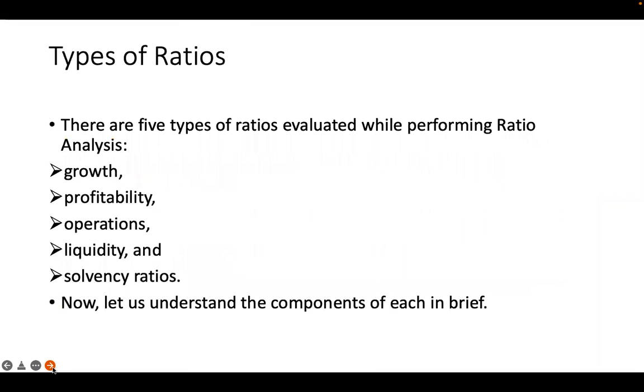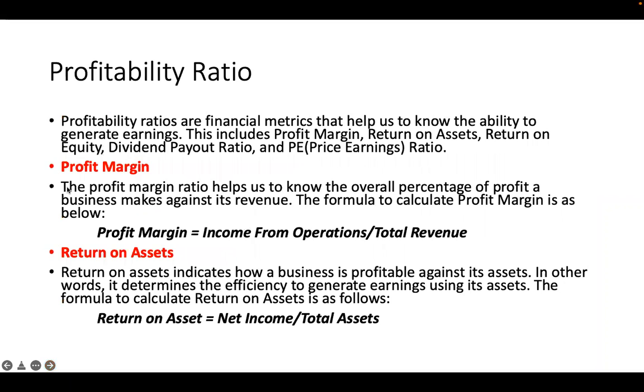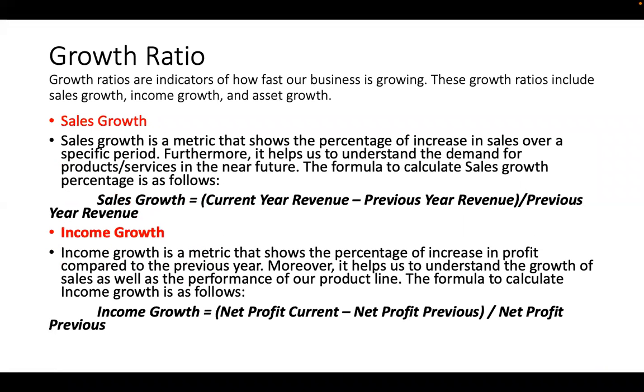So this was the first type, profitability. Sorry, profitability we discussed first, and now moving into the growth ratio. So what is a growth ratio? Growth ratios are indicators of how fast our business is growing. Simply, by the word you can easily understand.